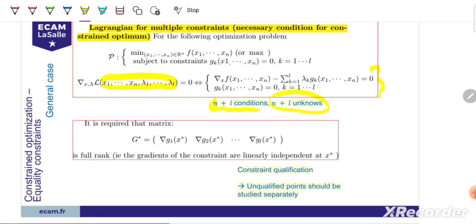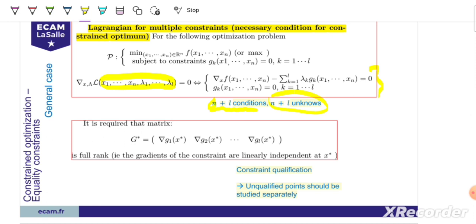Let's have a closer look at this. We asked for constraint qualification, that the matrix containing all the gradients of my constraints is full rank, so that they are linearly independent at the optimum point.